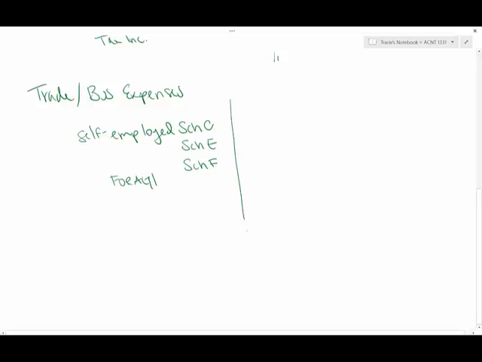The other difference is if we have an employee of a business, then these individuals are going to have unreimbursed business expenses. And these are going to be deductions from AGI.